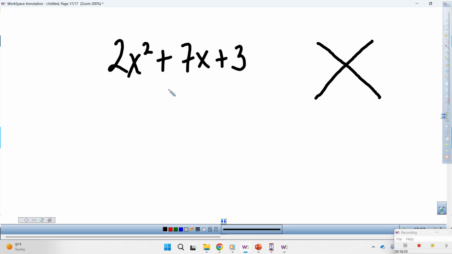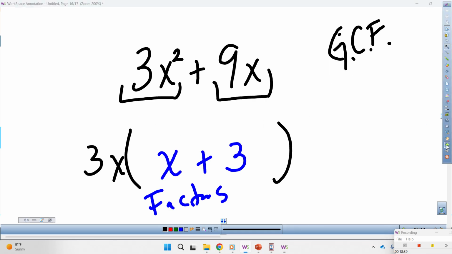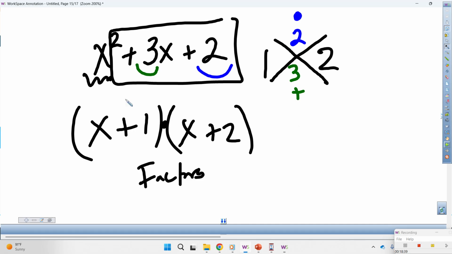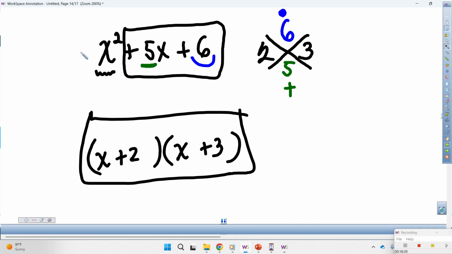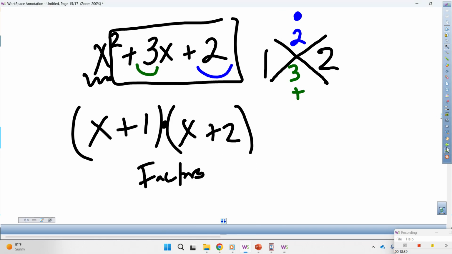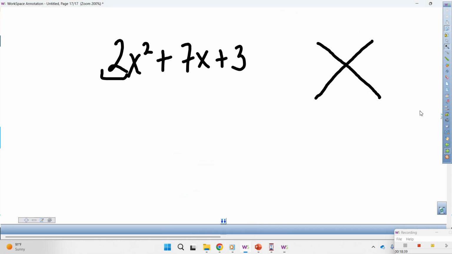You're like, wait a minute, Mr. Q, this one has a number in the front. Well, let's see. This one didn't. That's why we were able to use that. This one didn't. Okay, so how do we factor these kinds?